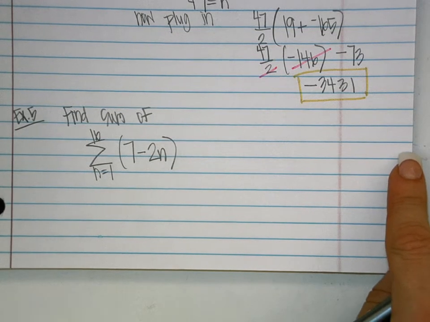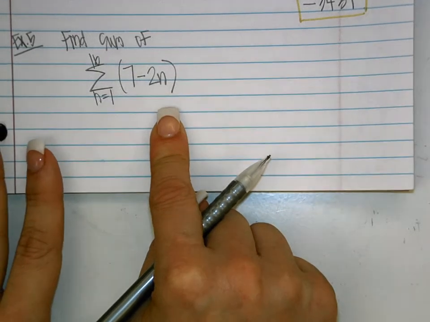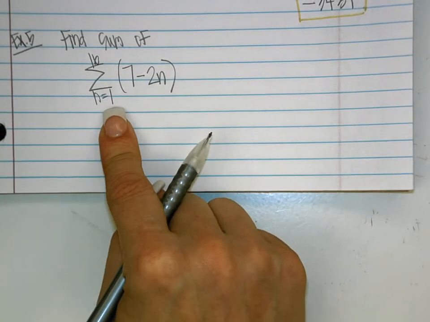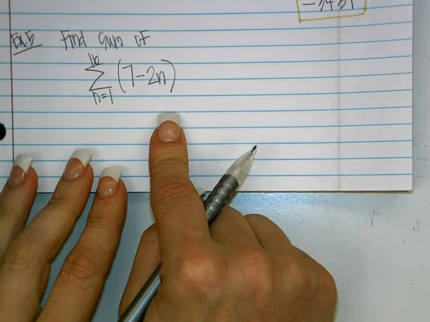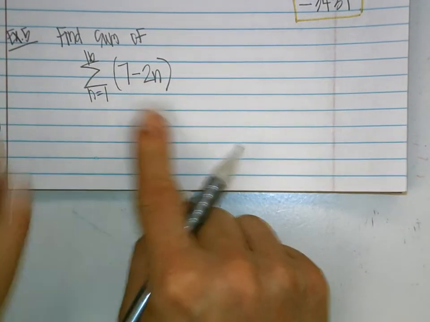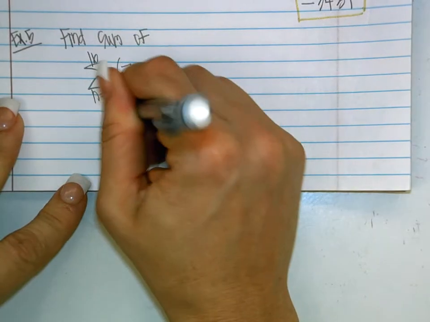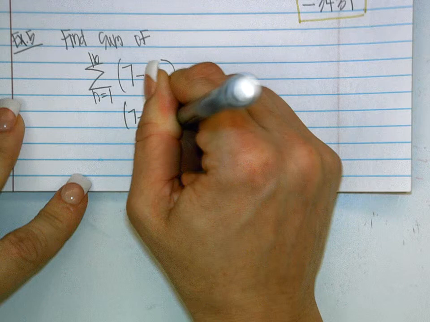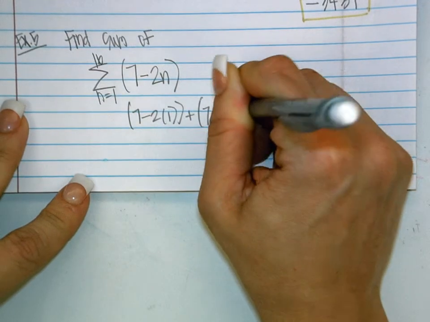Okay, so here, this is 7 minus 2n. So I think on Friday you guys saw find the sum of, and it gave you a list, correct? And you actually had to work it out, okay? This is telling you to basically find the sum of, if I plugged in every number between 1 and 16, okay? Here, this would become 7 minus 2 times 1 plus 7 minus 2 times 2, and you would keep going, right?